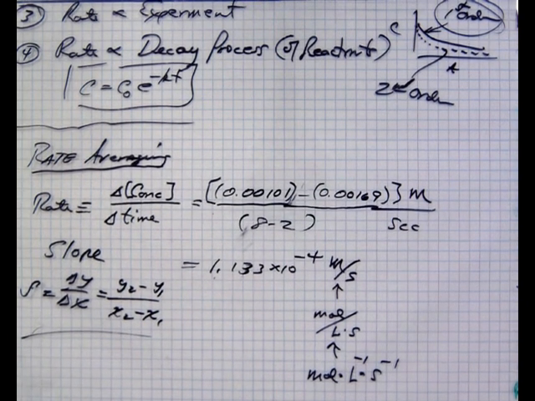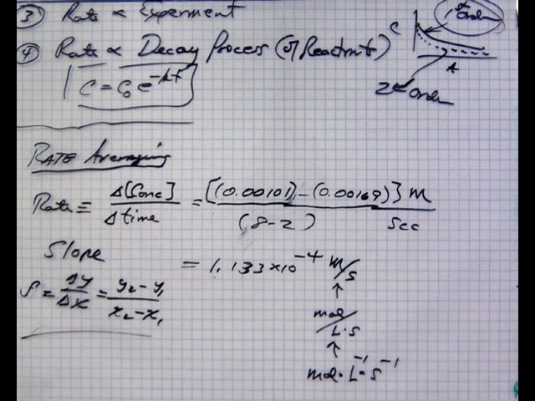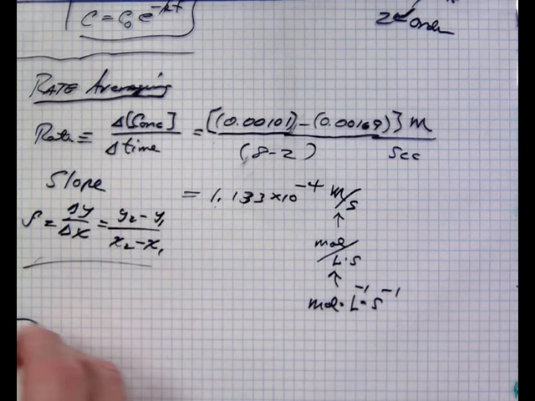So when you get a problem, it just has a couple of concentrations at a couple of times, and it'll be specific in the problem you work. Calculate the average rate of reaction, and like that. Okay, let's see what else we got. We are about to get into things called rate laws.